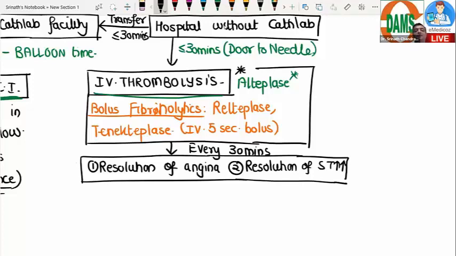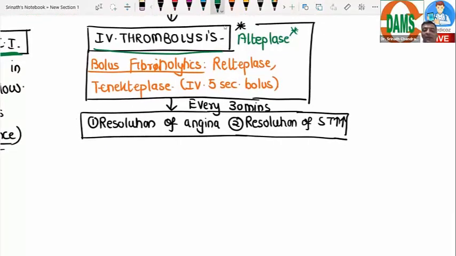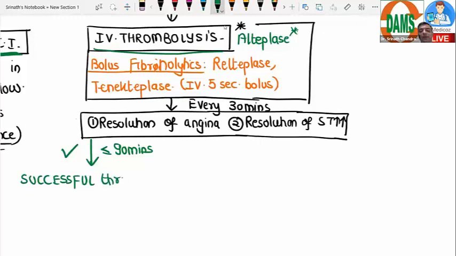If the person has got complete relief of symptom and resolution of both within 90 minutes of thrombolysis, we call it successful thrombolysis.